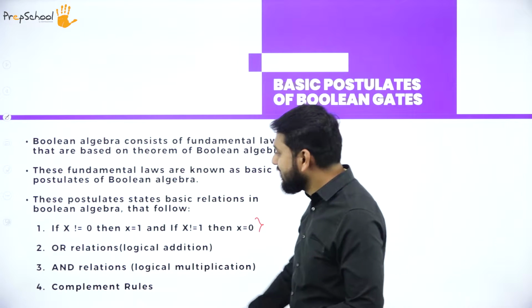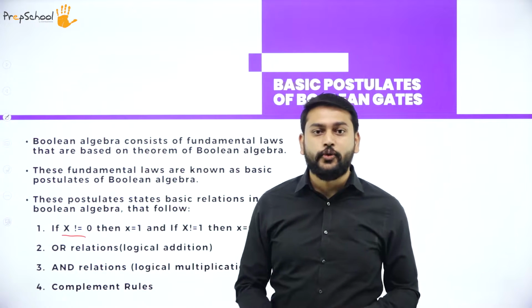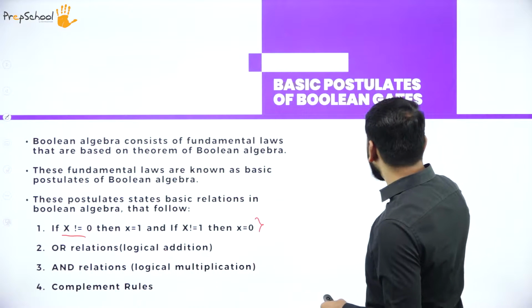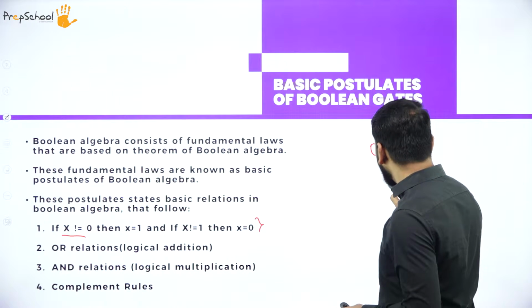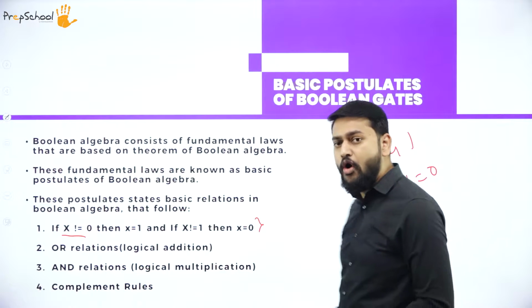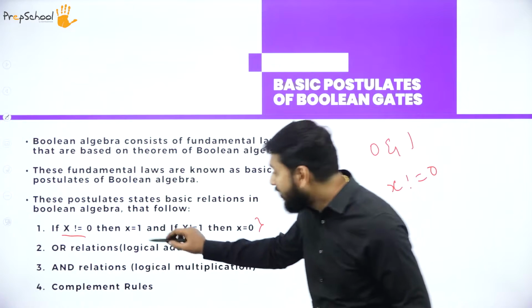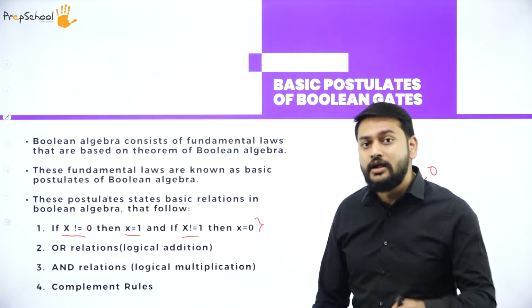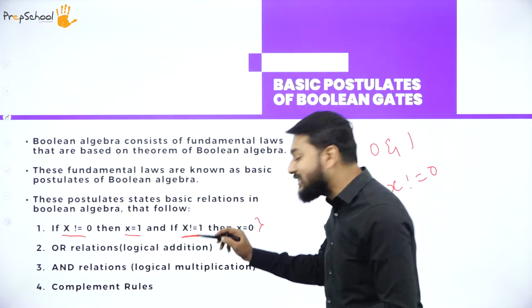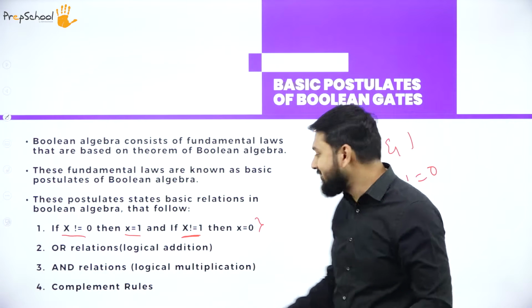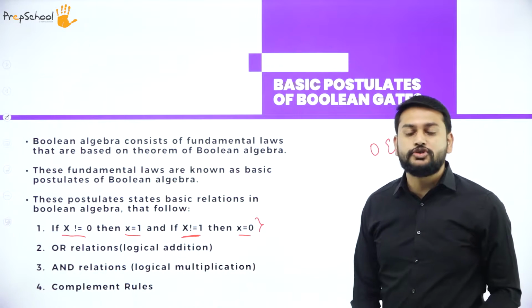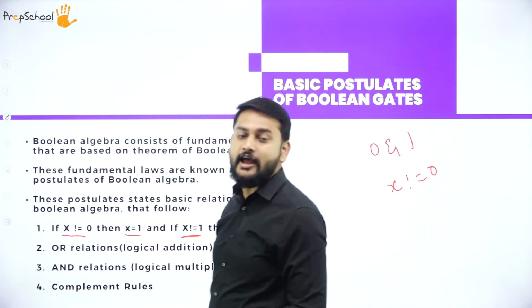If x is not equal to 0, you all know that we are dealing only with 0 and 1, so obviously x should be 1. The second thing I have: when x is not equal to 1, obviously x should be equal to 0. That is the first postulate that I have.